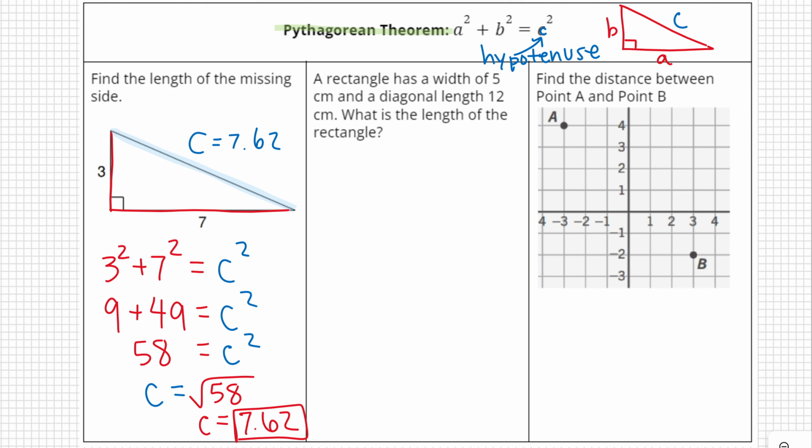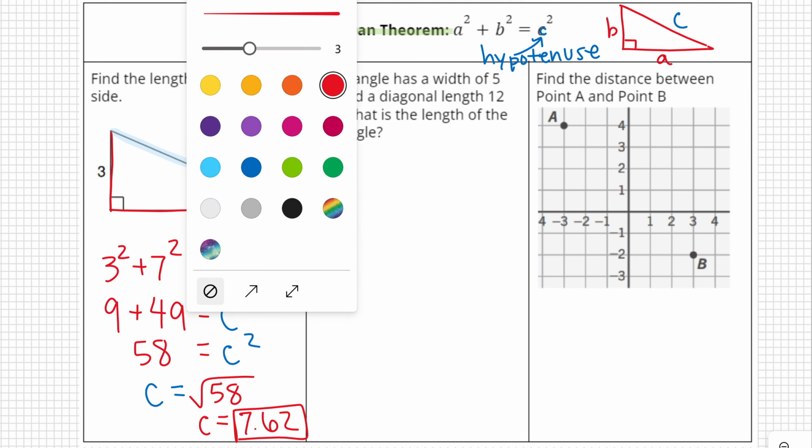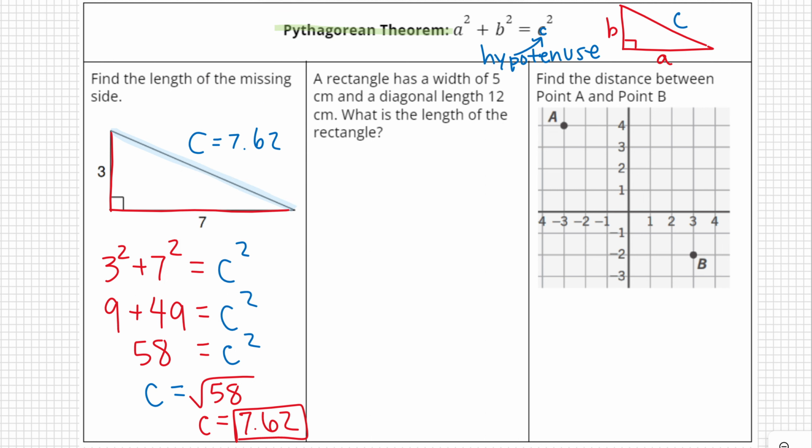So we're going to have a rectangle, so draw the rectangle. It has a width of 5 centimeters. So this width will be 5 centimeters and a diagonal length of 12 centimeters. The diagonal is the distance between 2 opposite corners of the rectangle.